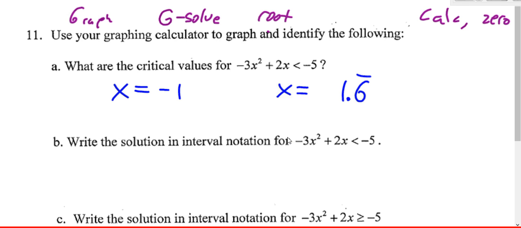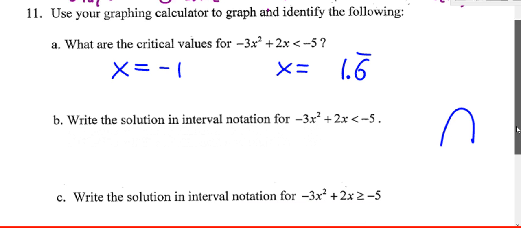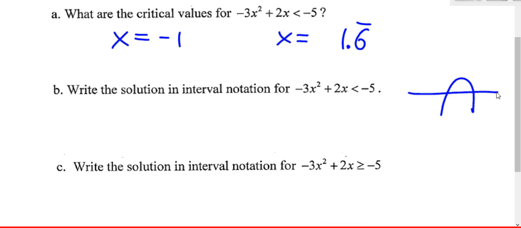Are we looking at the top or the bottom, in brackets or parentheses? Since it's negative 3x squared, that means it's opening down for all of these. So it crosses the x-axis at -1 and positive 1.6. And it's less than, which means we're looking at the bottom, which has two pieces to it.